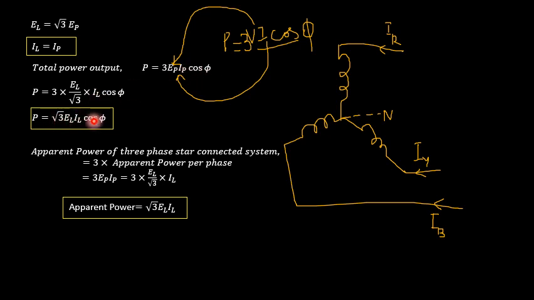So it is now in terms of line values; the earlier expression was in terms of phase values. Here, it is 3 into EL by root 3 into IL into cos phi.